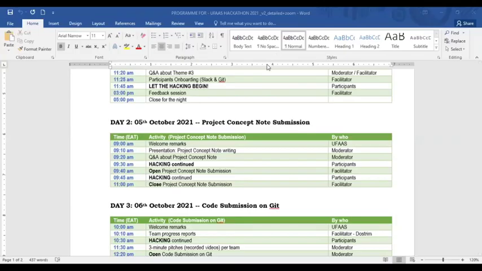The deadline for submitting the concept note is at 11 p.m. But in the meantime, some team members can concentrate on the coding, on the hacking, and some other members concentrate on the concept note.